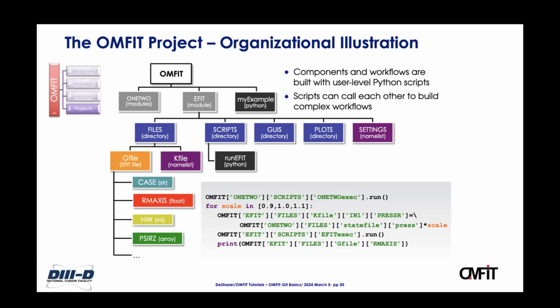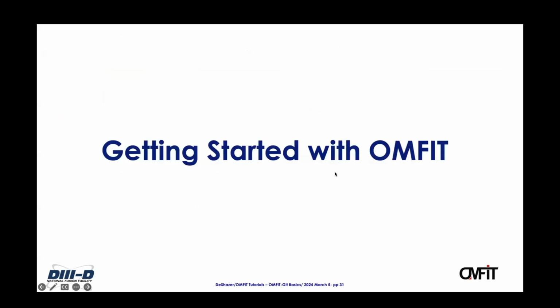The goal of OMFIT is to communicate across the tree, so that content that may be over here in the files G file would drive one of the scripts, like the run EFIT that's illustrated here. But you can have many other types of scripts, and you drive it from the same source data.